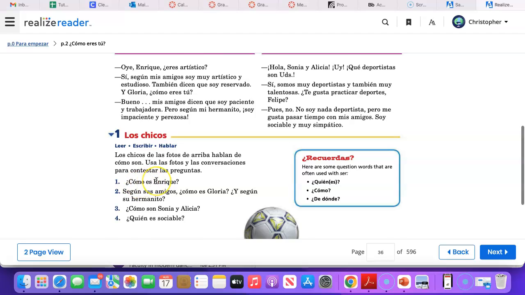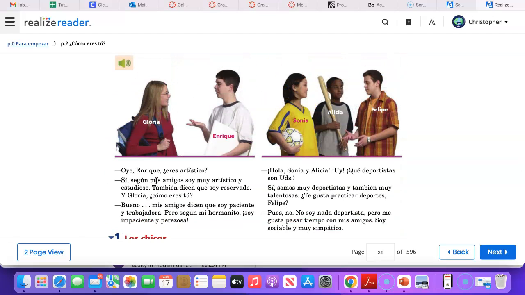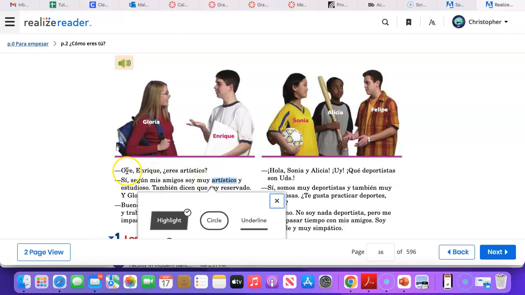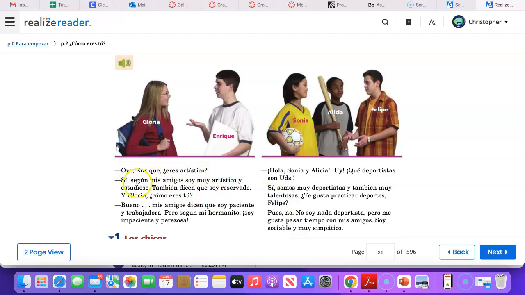So number 1, ¿cómo es Enrique? What adjective does Gloria use to describe Enrique? Would be artístico, right? Gloria says, oye, Enrique, ¿eres artístico? Sí, según mis amigos, soy muy artístico.